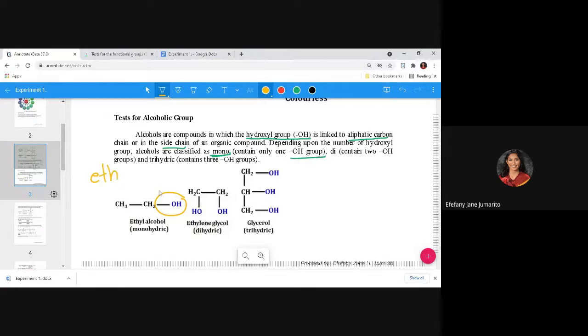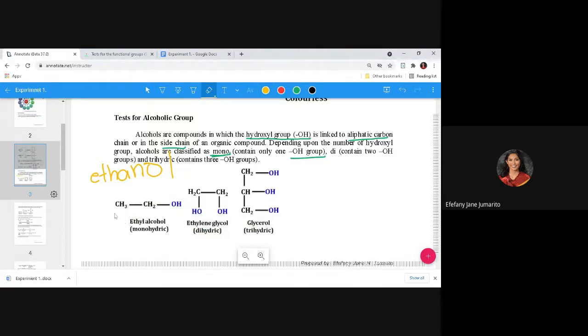Eth. And then the type of chain, an. Then we have the functional group, ol. Okay, ol. Since it is followed by a vowel, let's delete the e. So this is your ethanol. Okay, ethanol.